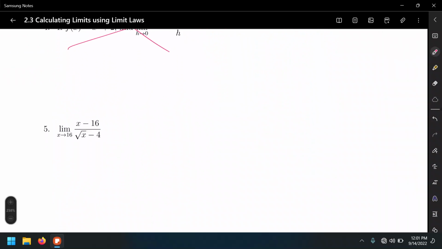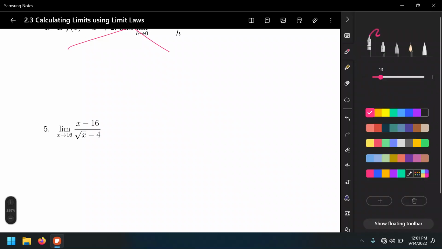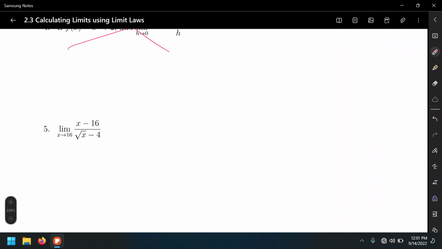And number 5, that's the limit of (x minus 16) divided by (the square root of x minus 4) as x approaches 16. Well, number 1, we need to check whether we have an indeterminate form. Otherwise, if we don't have an indeterminate form, we may need to look at numerical approaches, that is, making a table of values, or a graphic approach.